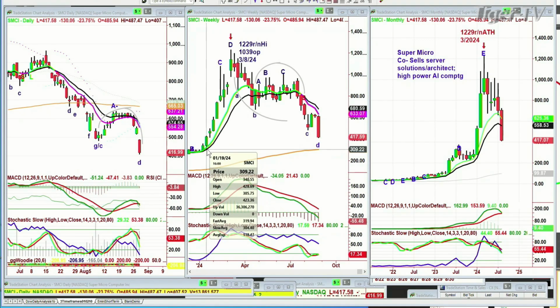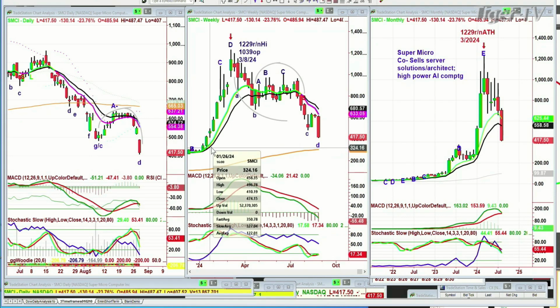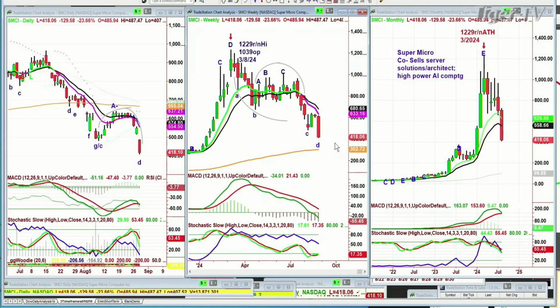So if it starts to take out, it's already too late. All I can say is if it closes under 380 at any point, I have to consider that the 200-period moving average of 302 in the weekly chart is going to become a target. And on the upside, you've got tremendous resistance between 490 and 510. This doesn't look good.